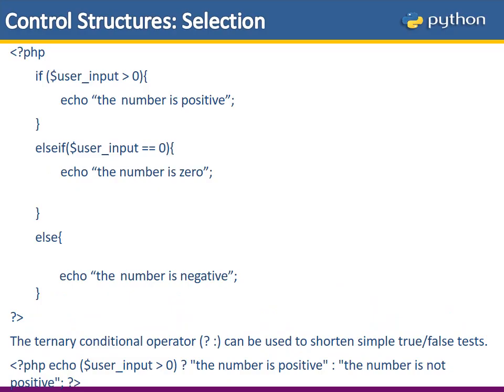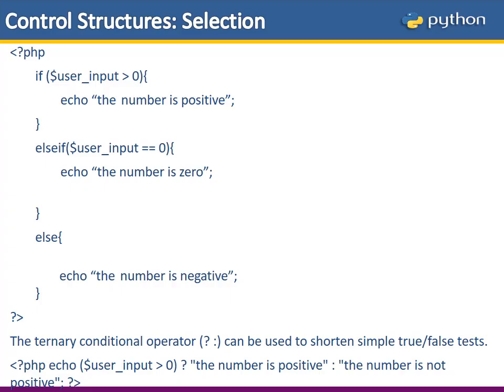So we start with <?php. If the $user_input greater than 0, echo the output, the number is positive. Else if, you can write another conditional statement, else if the user input equal to 0, echo the output, the number is 0.